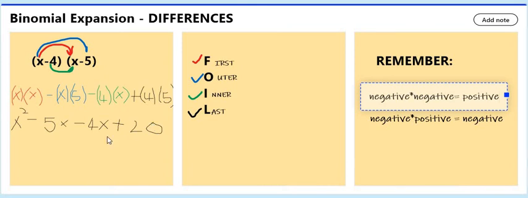Final step is simplifying. We realize that we have two like terms here, a 5x and a 4x. So we are going to rewrite it. We're going to write x squared. Both the 5x and the 4x have a minus sign in front of it.